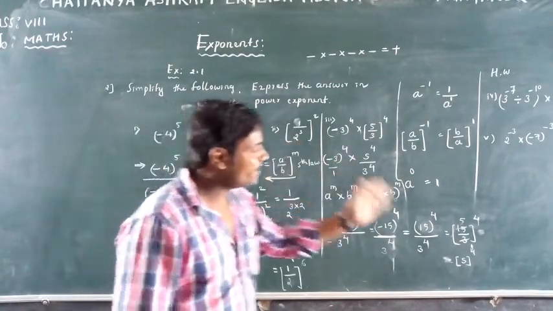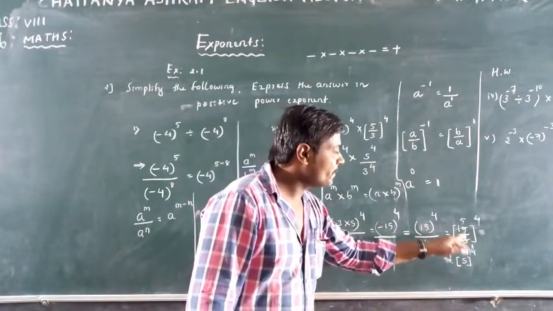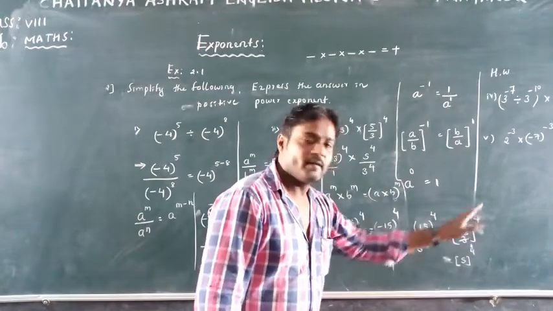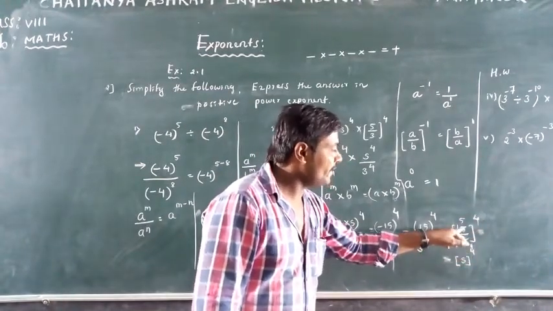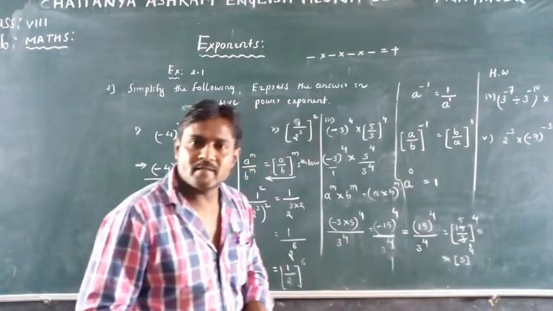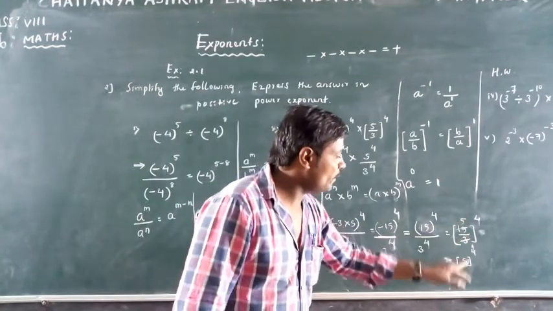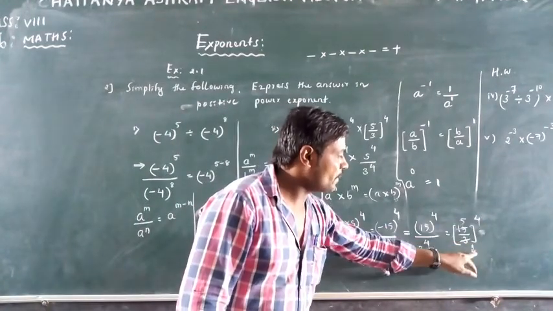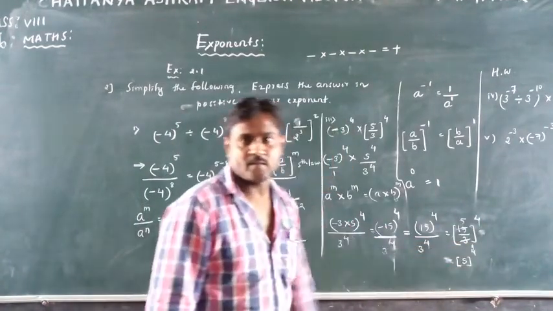Again the same thing I applied here, that is 15 by 3 raised to the power 4. Then 3 ones are 3, 3 fives are 15. Okay. So as a base we have 5 and 4 as the power, and this is the answer.